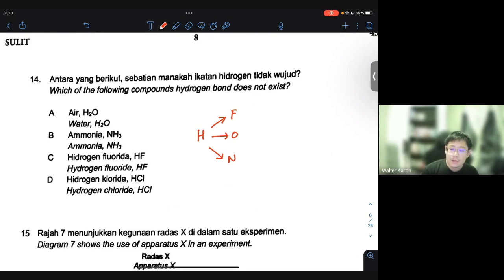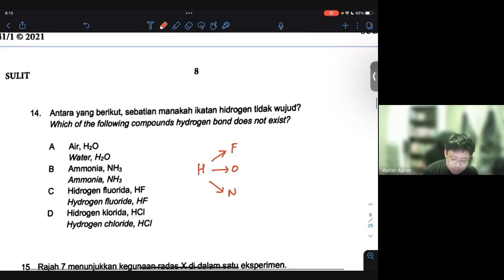So it must be either things like hydrogen fluoride with hydrogen fluoride, or things like water, or what else we have, ammonia. Then you'll be able to form hydrogen bonding with the adjacent molecules.